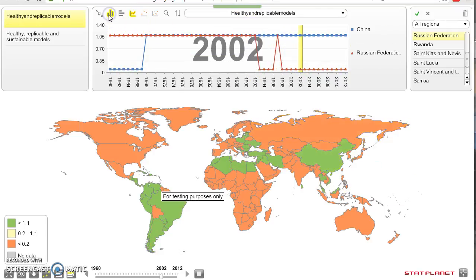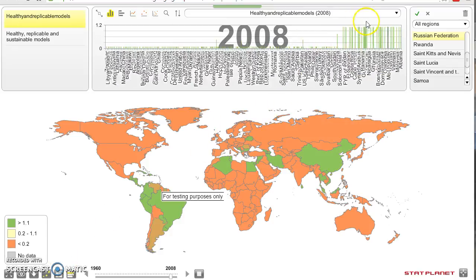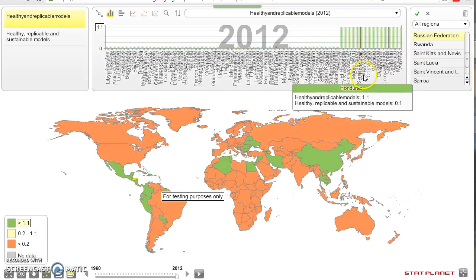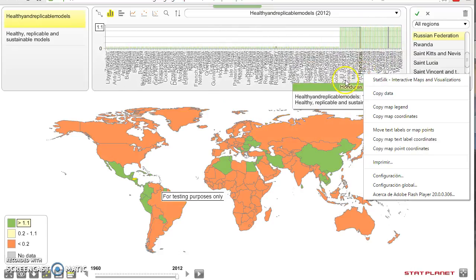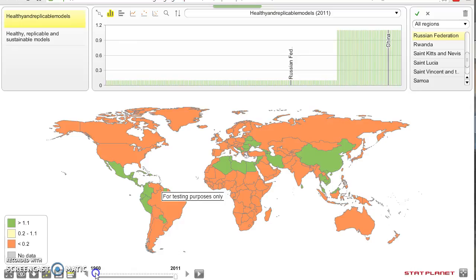You can also click here on the bar charts and see how many countries were sustainable throughout the time, and look at it throughout the time and see how it has been evolving.